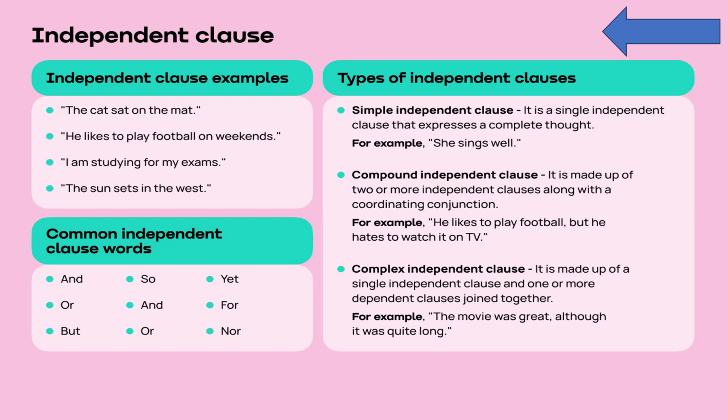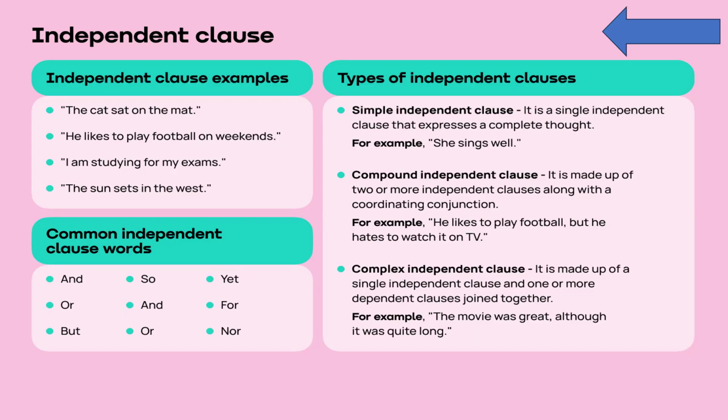Compound: it is made up of two or more independent clauses joined with a coordinative conjunction. He likes to play football, but he hates to watch it on TV. He likes to play football is an independent clause.